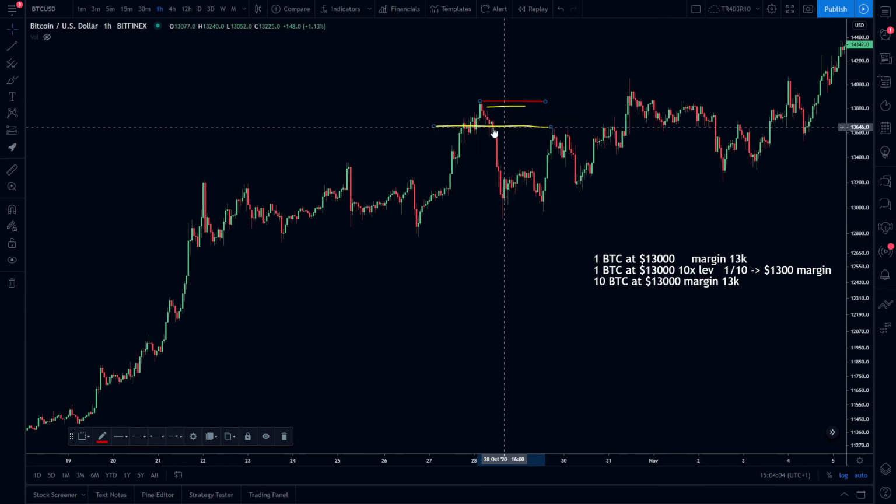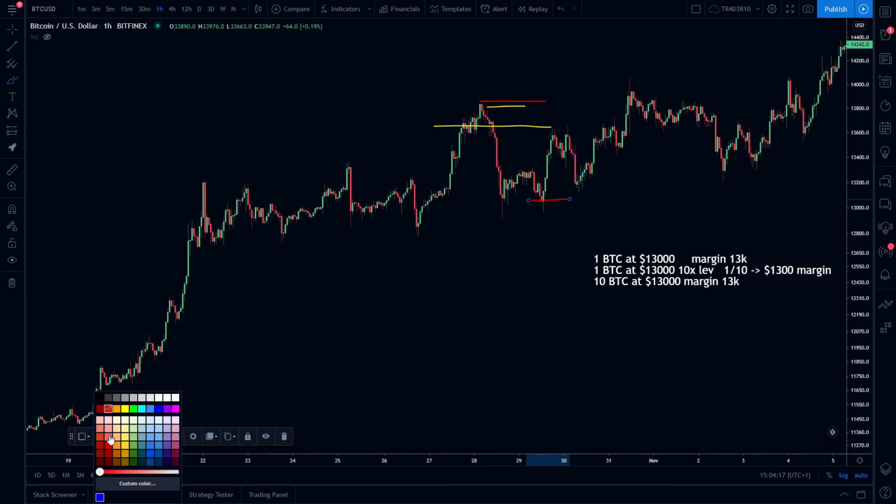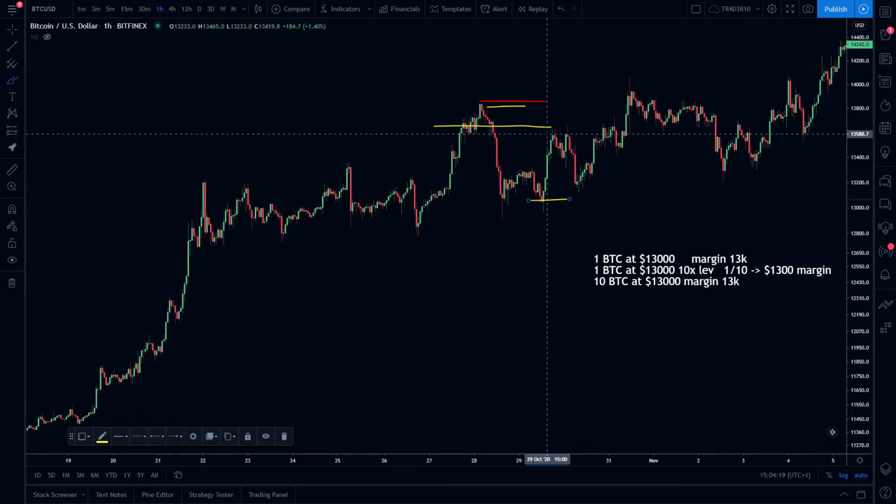Same type of setup, and the point with the short is that you did a loan of 1 BTC here. You want to buy it back lower. So let's say you buy it back here, which is a good trade. Since you did a loan of 1 BTC here and you bought it back $600 lower, you made this difference.